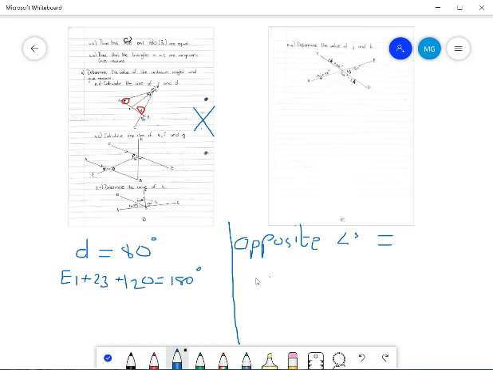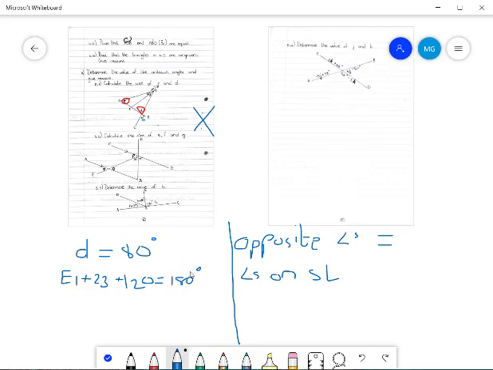Why do I say this? Because they are angles on a straight line. Please write it out fully. It's just easier for me to shorten it now, but when you do exams or tests, it's always safer to write out the full words.